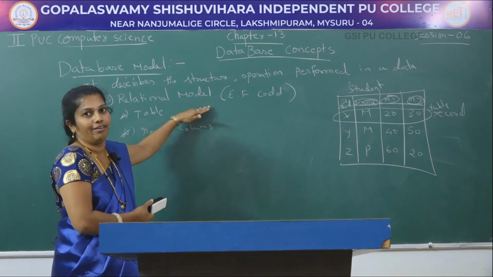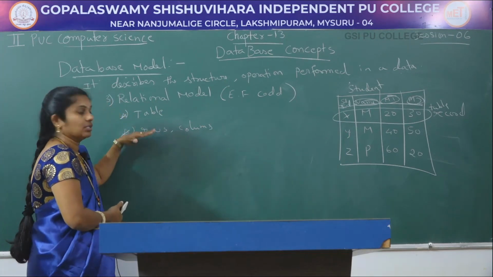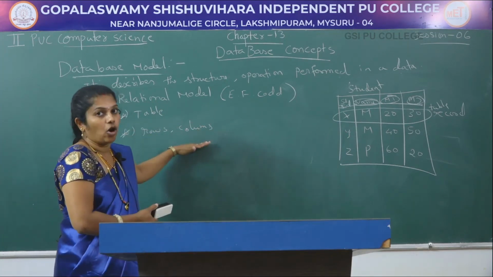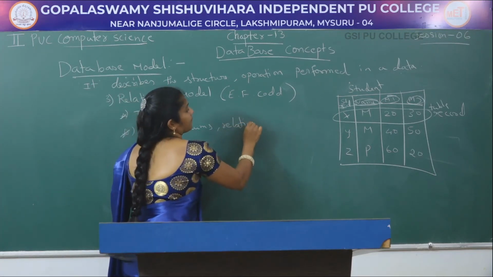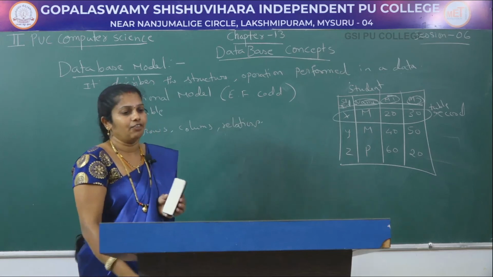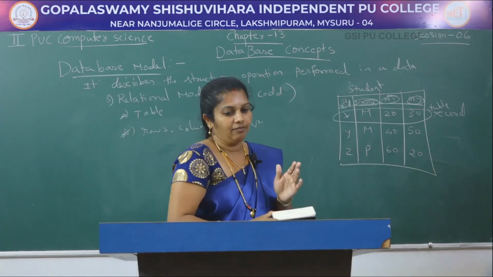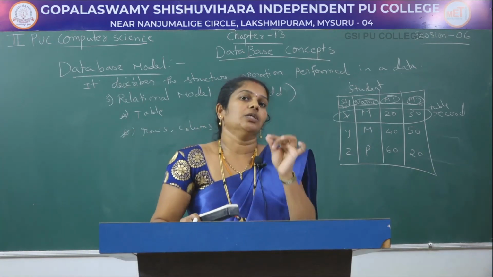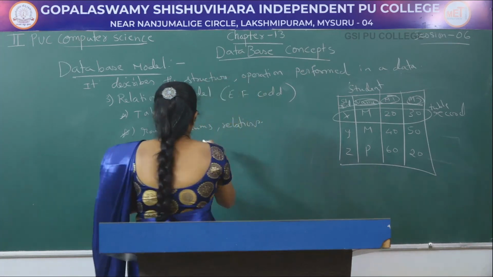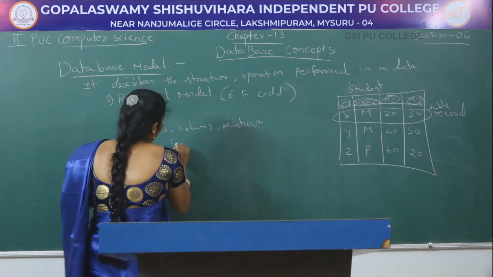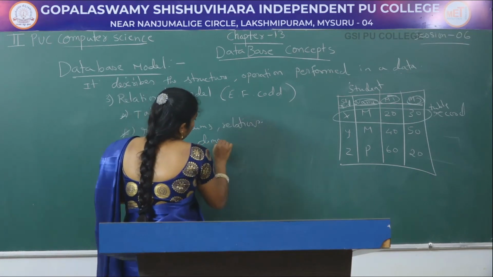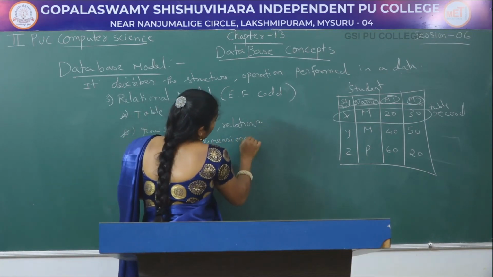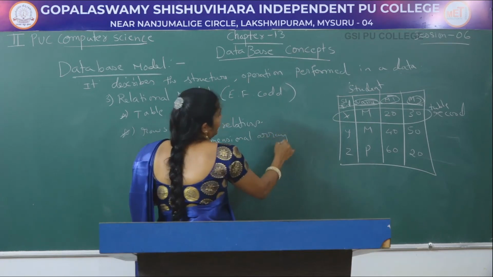In the relational model we have records, rows, columns, and relations. And mainly it stores data in two-dimensional array format.